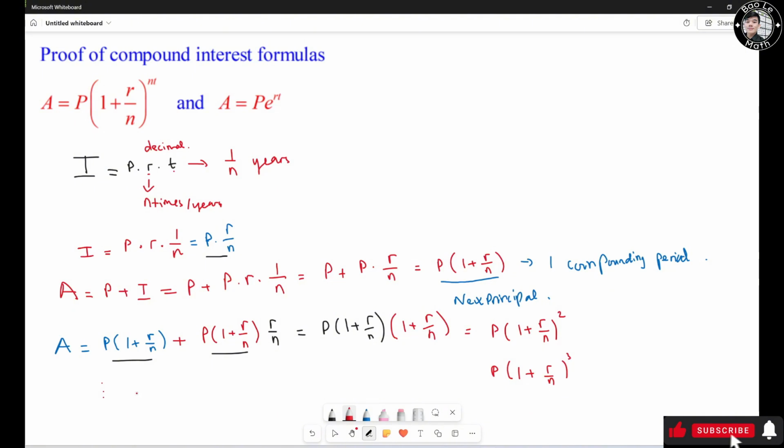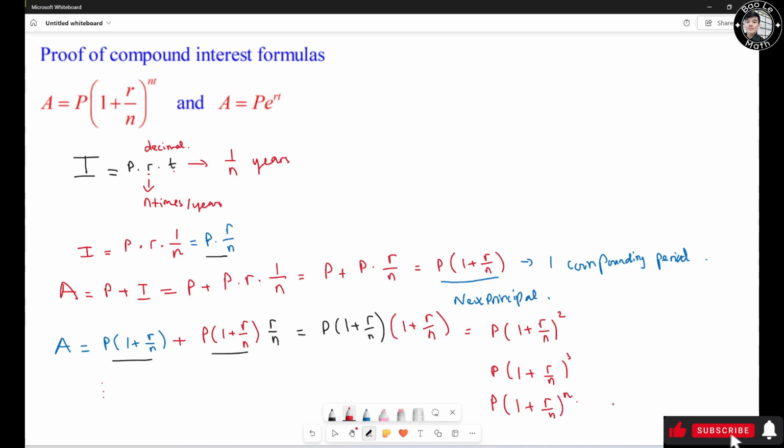Now, if you keep doing the same way, after n compounding periods within 1 year, the amount A is P times 1 plus R over n to the power of n.